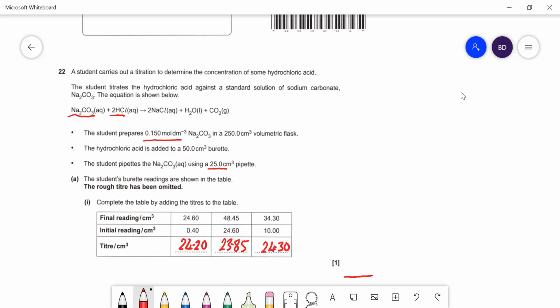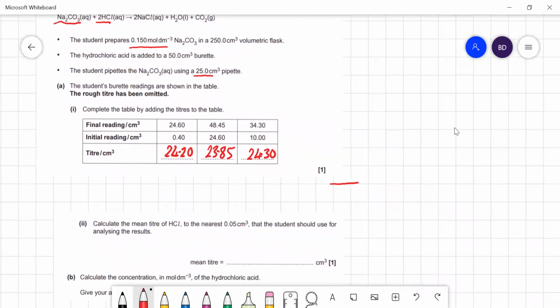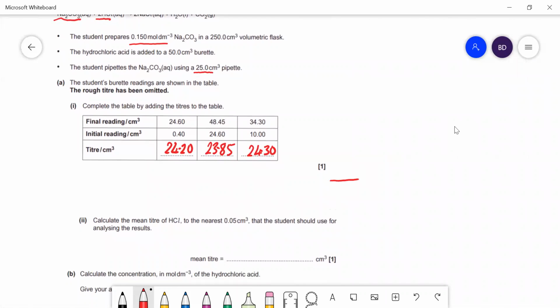Complete the table, and we've got to work out the average titer, the mean titer. We need to realize that we don't use that one because it isn't concordant, so we're going to just use those two. And the mean titer there is going to be 24.25 centimeters cubed.